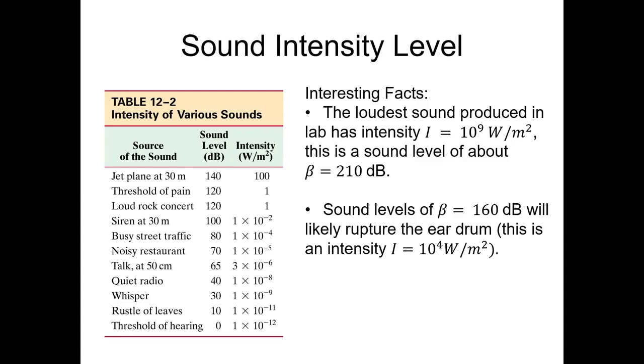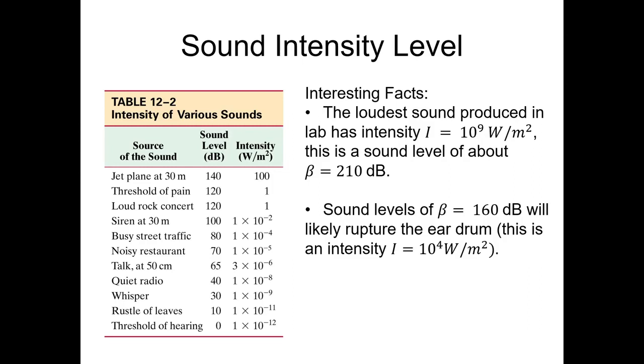If you increase the sound level to 160 decibels, that's well below the 210 of the loudest produced in a lab. At a sound level of beta equal to 160 decibels, it will likely rupture the eardrum. I say likely because not everyone is exactly the same. But on average, a person's eardrum will rupture at an intensity level of 160. The corresponding intensity is 10 to the 4 watts per square meter.